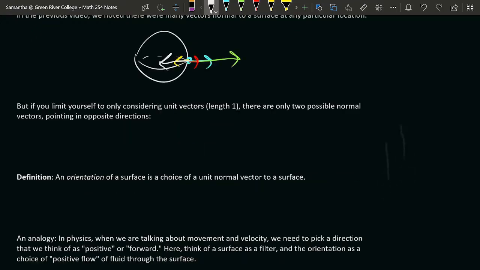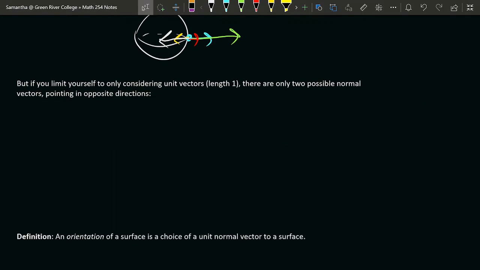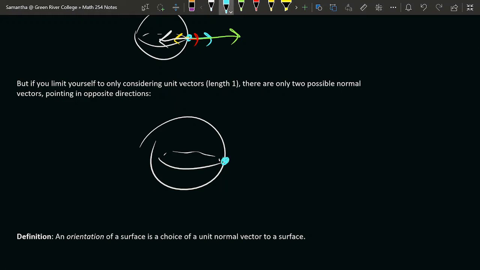Now, if you say, okay, I don't want to consider all those possible lengths, I only want to consider unit vectors, vectors with a length of specifically 1, alrighty, now you're down to only having 2 possible normal vectors.